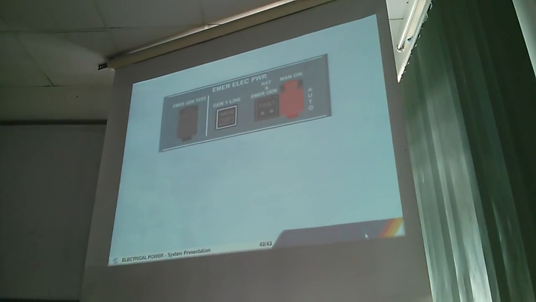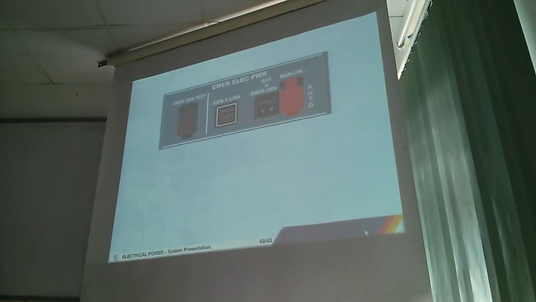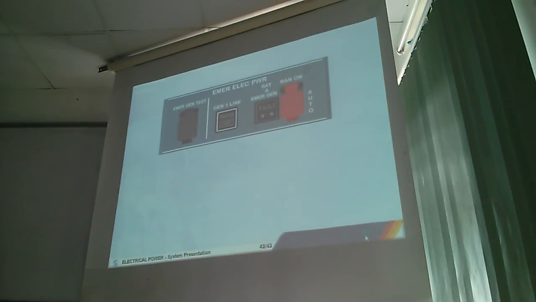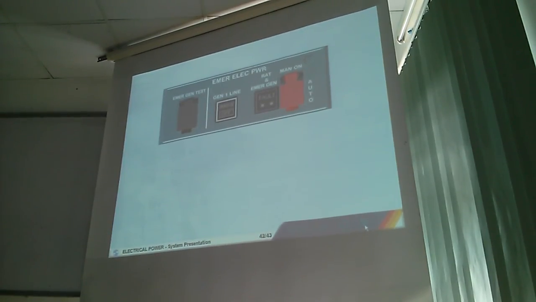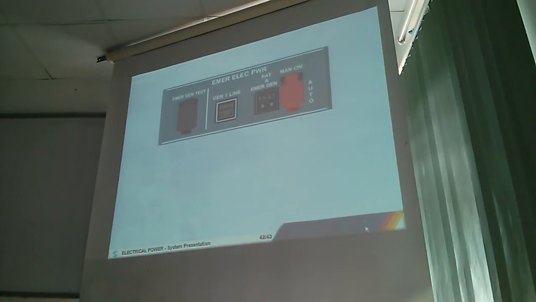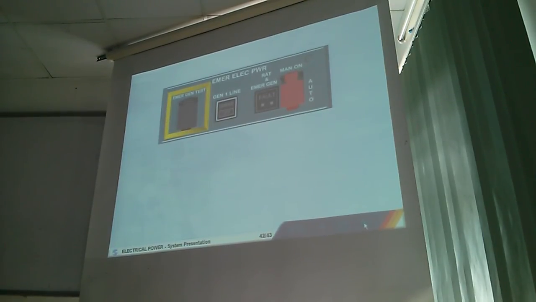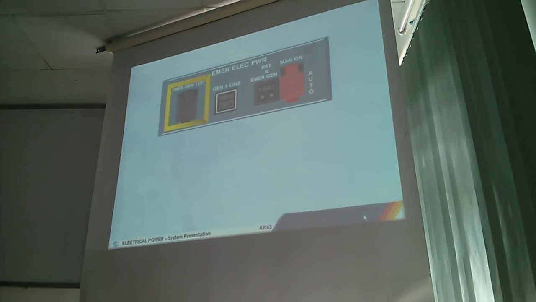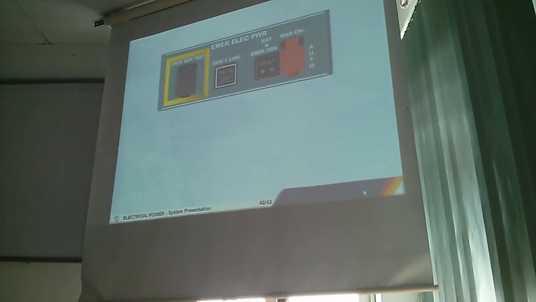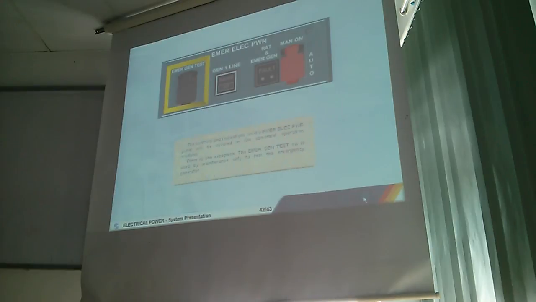The controls and indications on the emergency electrical power panel will be covered in the abnormal operation modules. There is one exception. The emergency generator test switch is used by maintenance only to test the emergency generator.